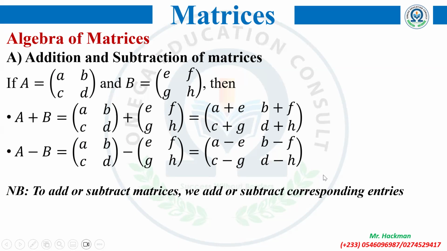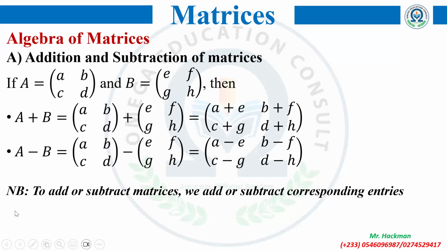Okay, so now we are going to look at the algebra of matrices. First of all, we'll look at addition and subtraction. Usually they move together. If a matrix A of order 2 by 2 and matrix B of the same order, then the matrix A plus the matrix B will be equal to this matrix A plus this matrix B. Basically, this is all that you need to do.